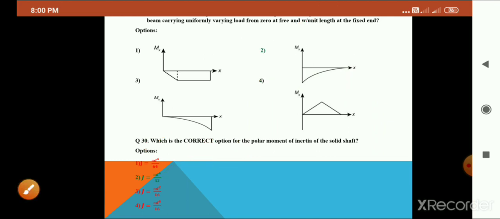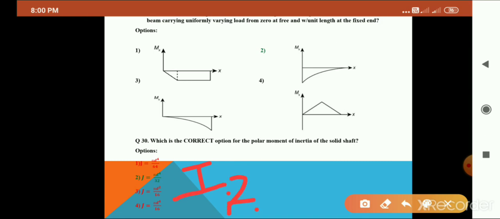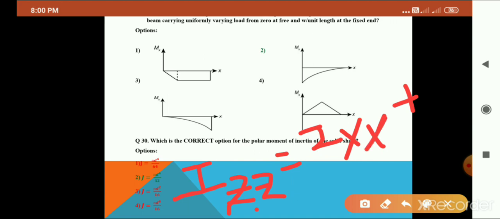Let's come to question number 30. Which is the correct option for the polar moment of inertia of a solid shaft? First of all we have to know the perpendicular axis theorem. What is the perpendicular axis theorem? IZZ equals IXX plus IYY.